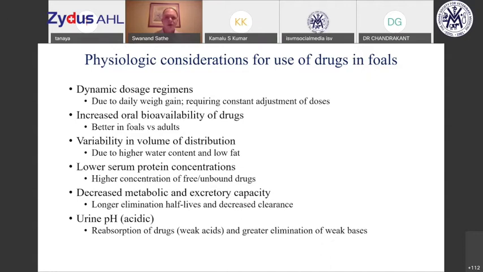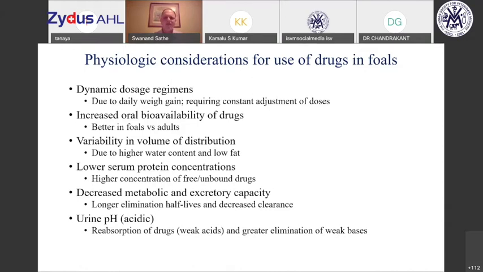Because of low protein concentrations, you have higher instances of free or unbound drugs. Free or unbound drugs are the active form of drugs because they're not bound by albumin, and hence certain drugs need to be dosed at less frequent intervals because they have higher peak concentrations inside the foal system.